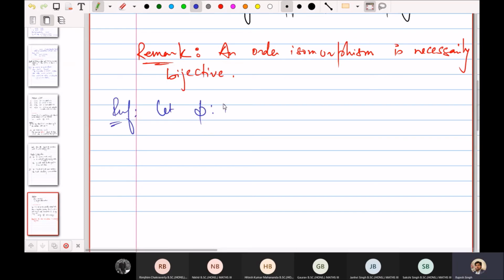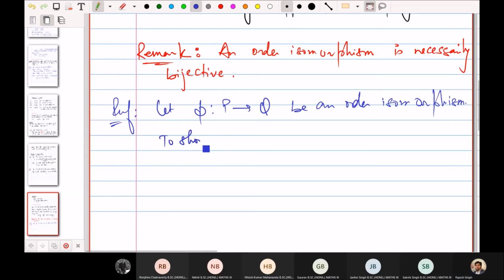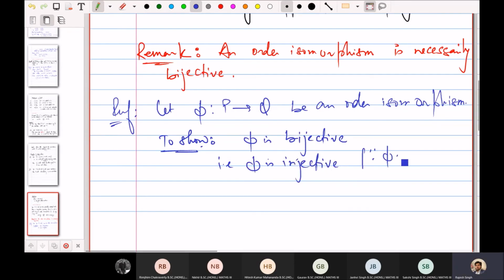Let phi from P to Q be an order isomorphism. ठीक है, to show phi is bijective, that is phi is injective, since phi is surjective, it is given, right?